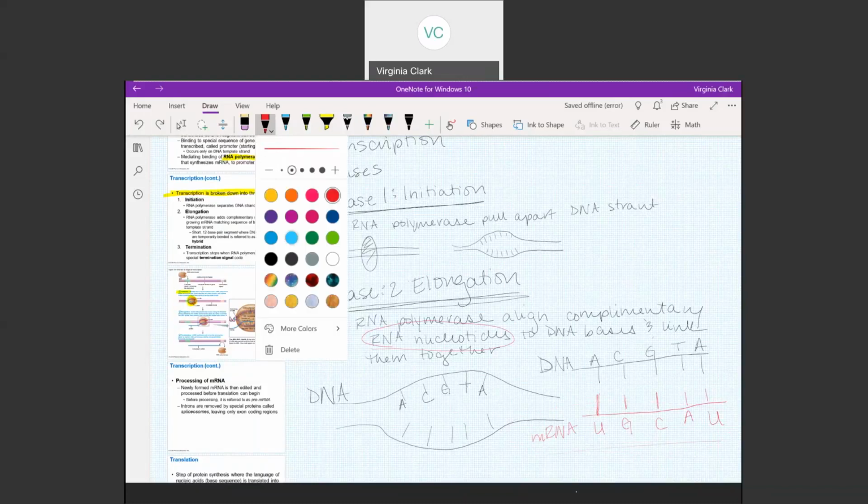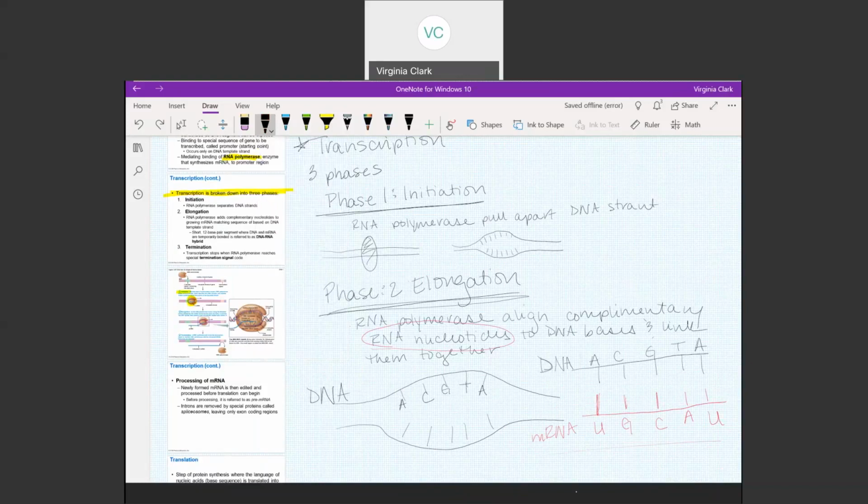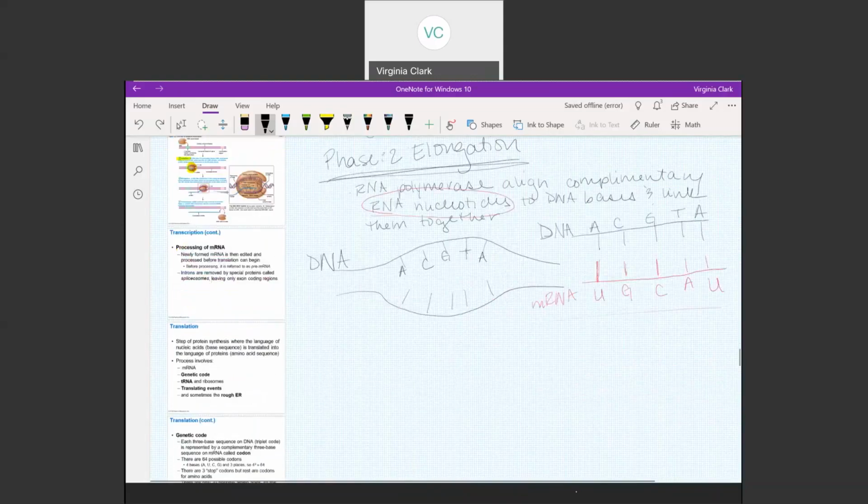And then it's going to go through a quick step 3. And as it's going through step 3, it's going to terminate. Essentially what termination means is that the RNA polymerase will hit a stop signal.